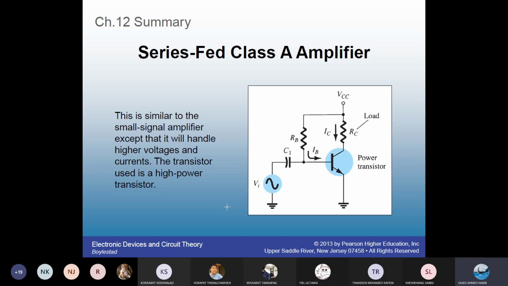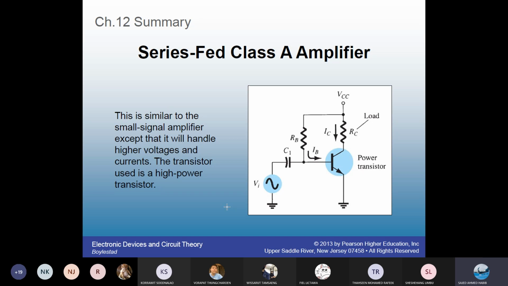What type of device is shown? You have a BJT. What type of BJT is that? In this circuit, it's a BJT symbol.